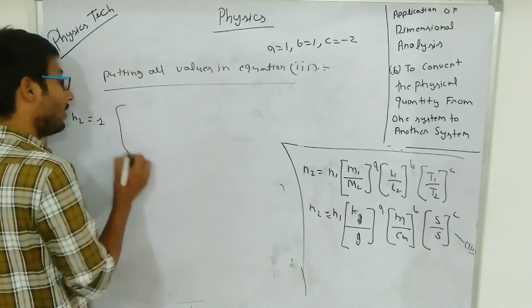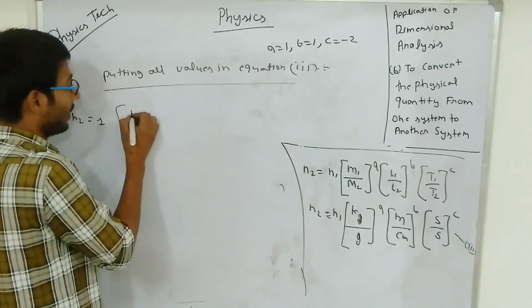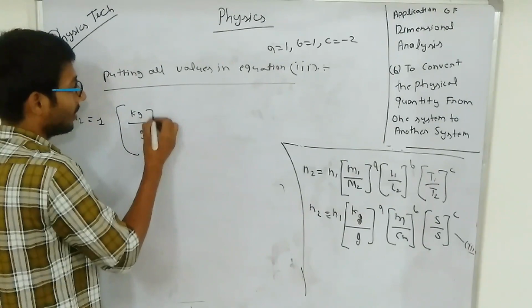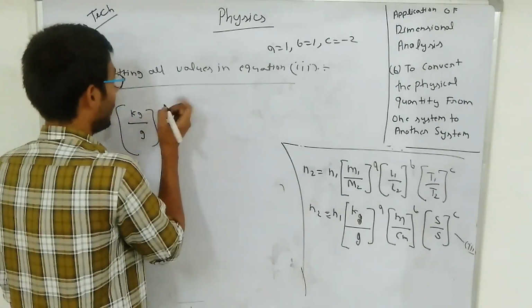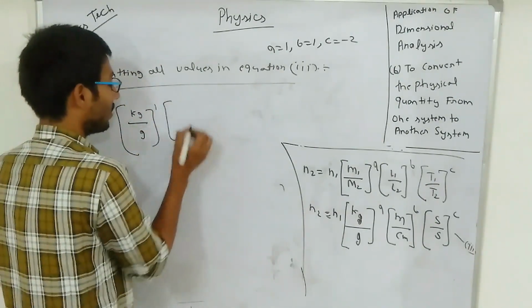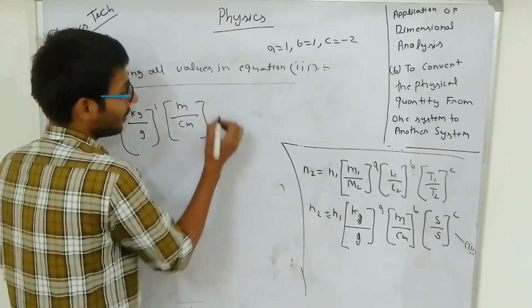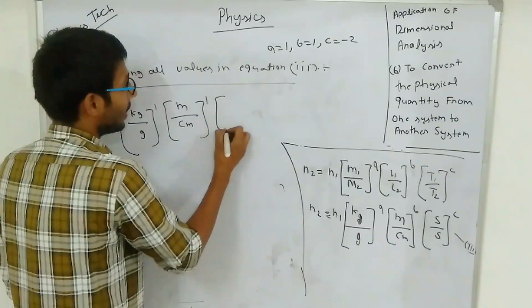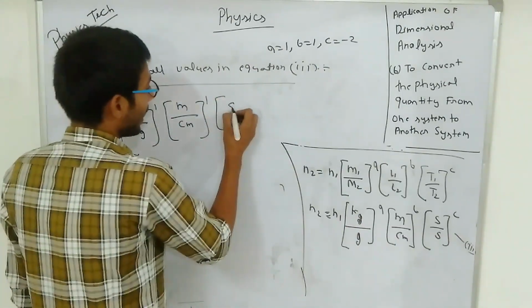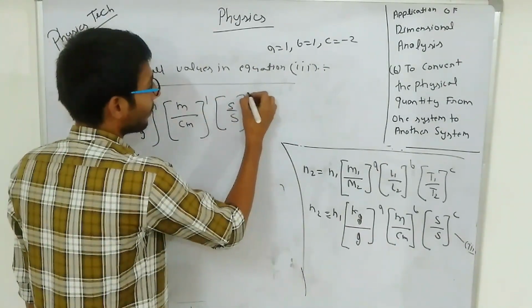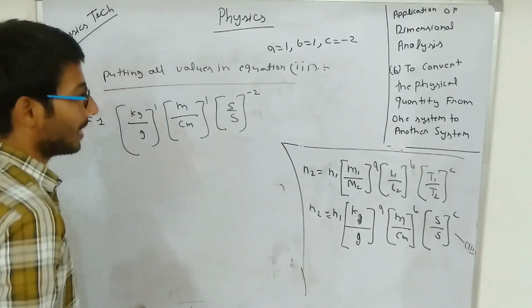So 1 kg upon g to the power a, a means 1, and meter upon centimeter to the power b, b means 1, and second upon second to the power minus 2.